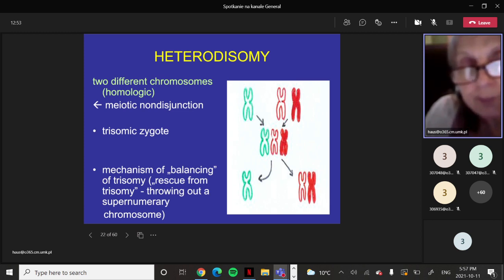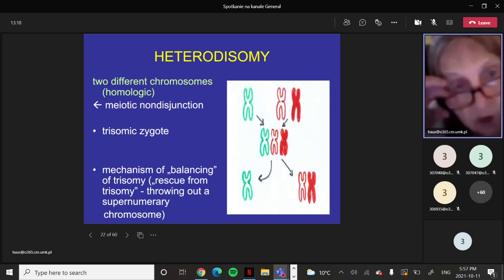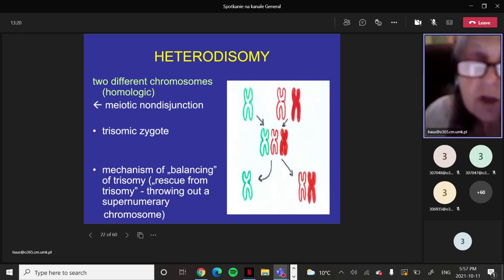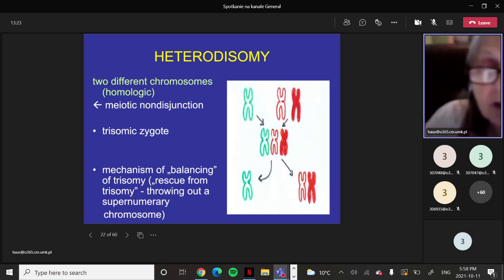Now I can present you some example of complications of this situation. For example, we can call these chromosomes sex chromosomes. For example, this chromosome from the green parent will be an X chromosome, and these chromosomes from the red parent, X and Y chromosomes.